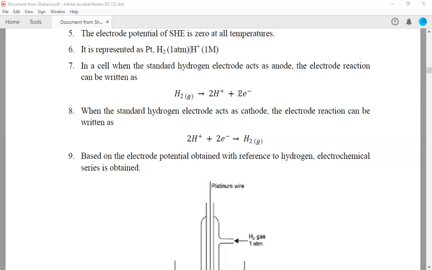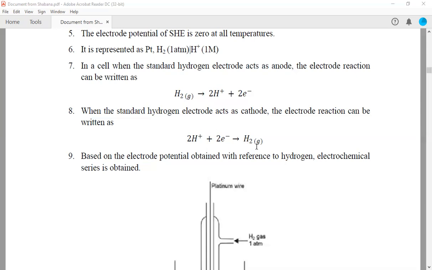Based on these two reactions, in the overall net reaction, the 2H plus on the reactant side and the 2H plus on the product side cancel each other. The 2 electrons produced at the anode and the 2 electrons at the cathode nullify each other, and the H2 gas and H2 gas cancel out.